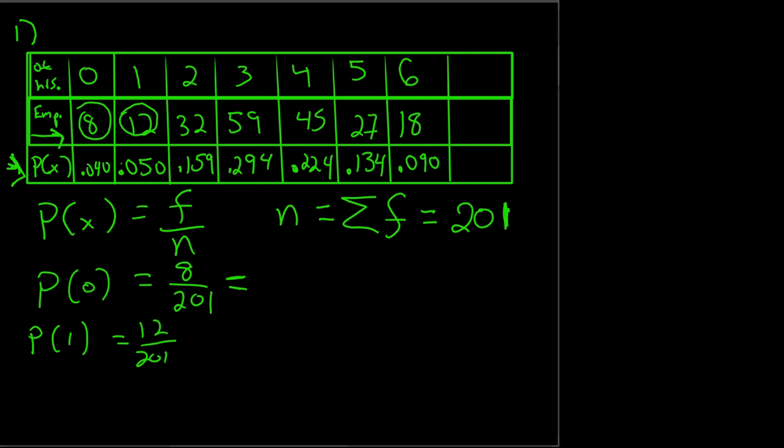The next step is it asks to graph this. I'm going to pull down here so I can set up a graph. I'll set up my y-axis and my x-axis.